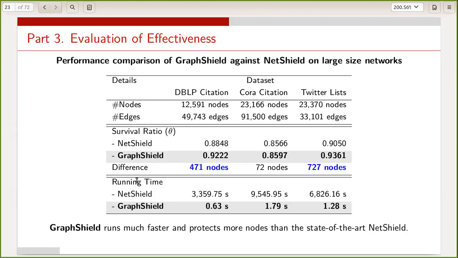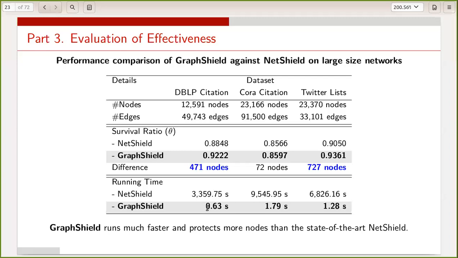But in terms of the running time, because we don't check all of the possible combinations, but make a ranking based on the largest principal eigenvector and the largest degree centrality, we can make it really faster. So for example, for the running time of NetShield on the DBLP citation network with 12,000 nodes, you need more than 3,000 seconds.